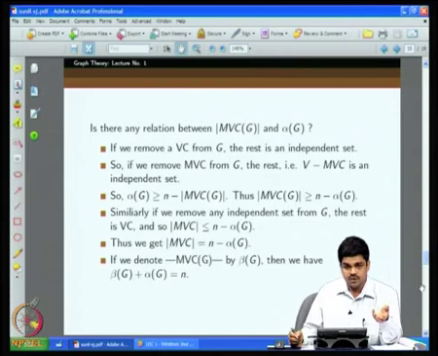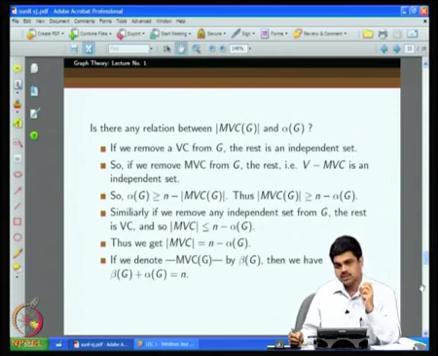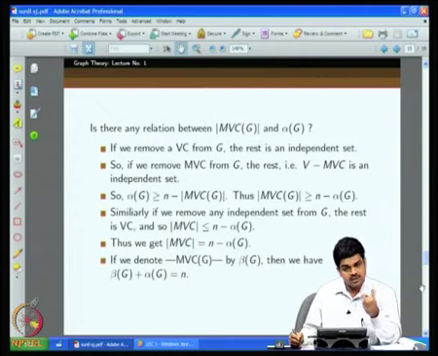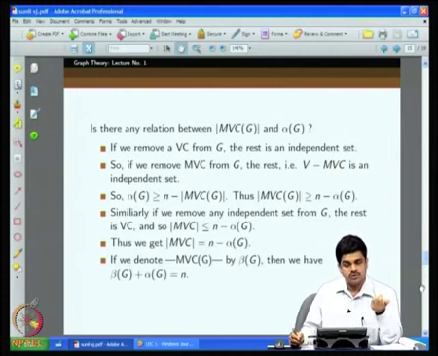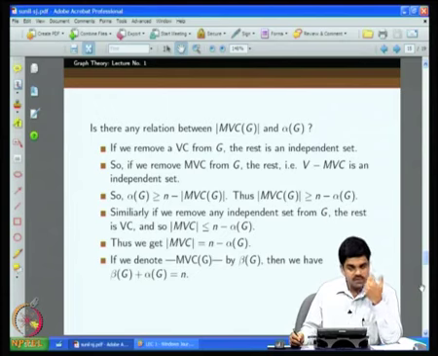Why is it so? Because if there is any edge among the remaining collection of vertices, then this edge will not be covered by anybody, because what we removed was a vertex cover. Then one of the endpoints of this edge has to be in that set. So if you remove a vertex cover from the graph, what we are left with is an independent set.